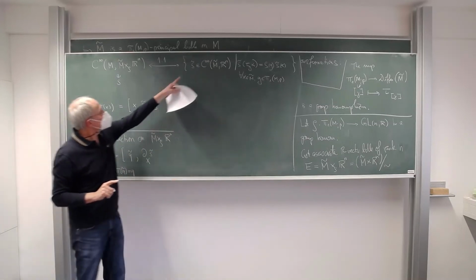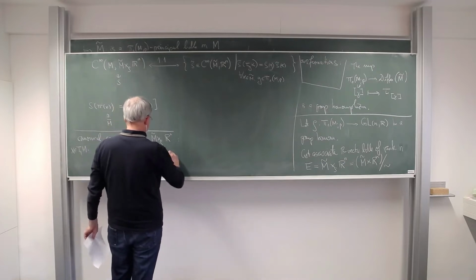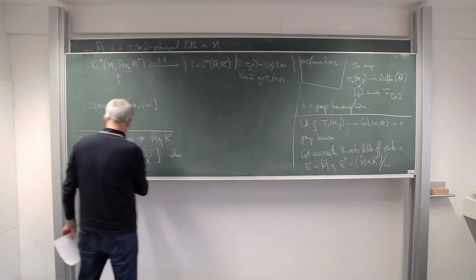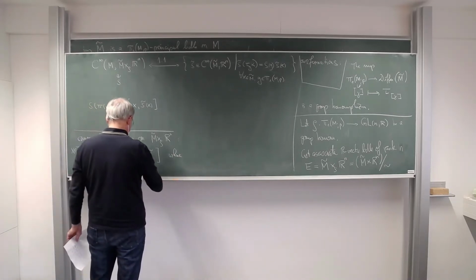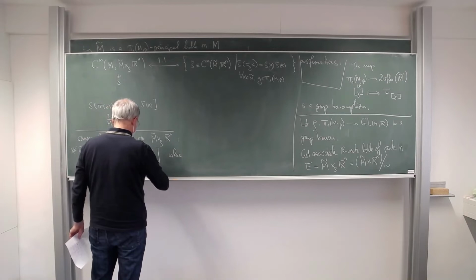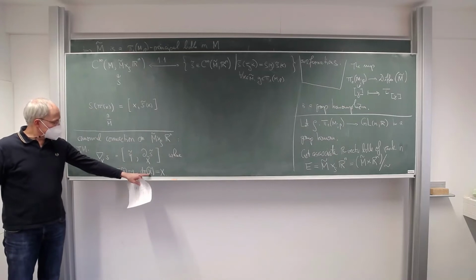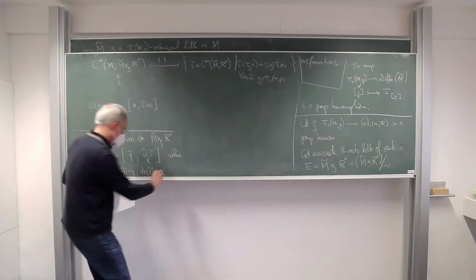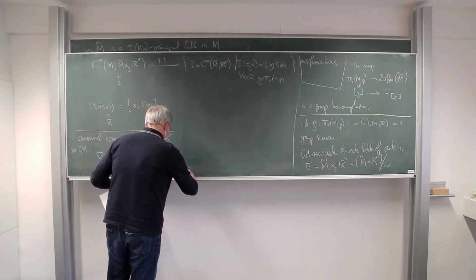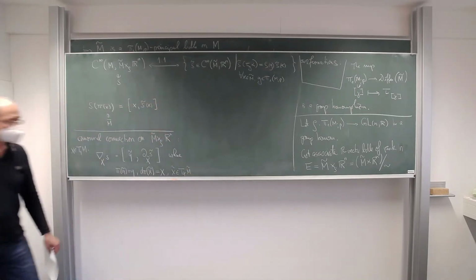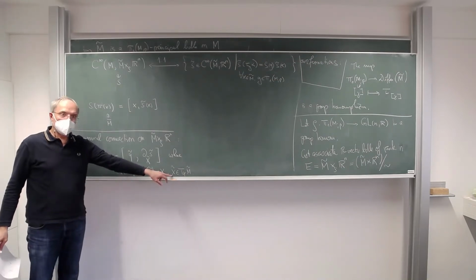Because S tilde lives on m tilde, so it must be a vector x tilde, where I choose q tilde such that it maps to q, and x tilde such that it maps to x. Now this x tilde is an element in the tangent space of m tilde at the point q tilde.